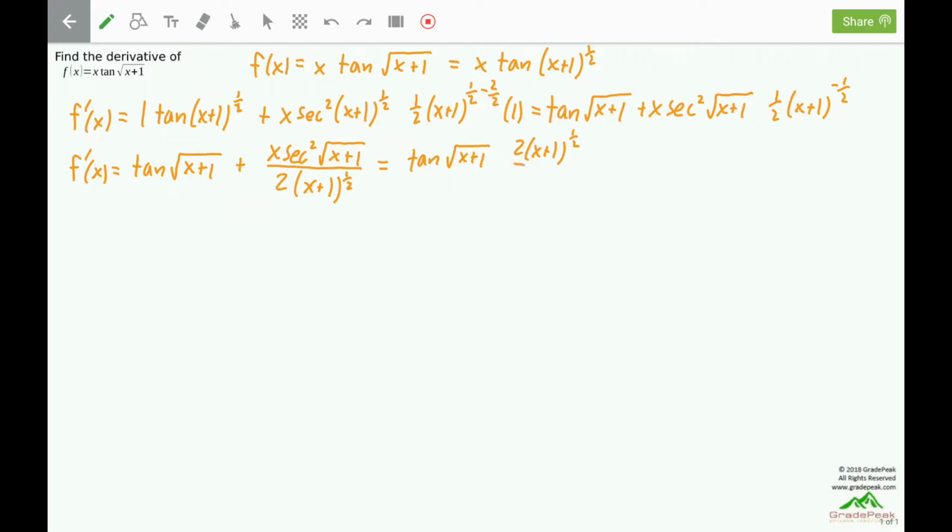But 2 times x plus 1 to the 1/2 over itself. I'll leave the second term, all of this alone, because it's already over that denominator. So that these can now be combined over that common denominator.